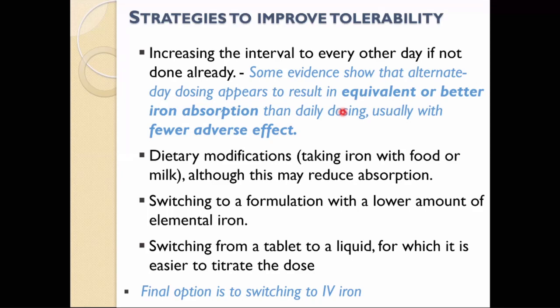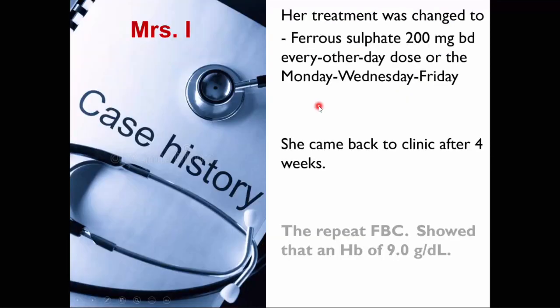And then you can switch to a formulation that has a lower elemental iron. And the other thing is to switch from a tablet to a liquid, where it might be easier to titrate the dose. So if all these fail, if they still can't tolerate oral iron, finally we might have to switch to IV iron, right? If they can't tolerate it at all.